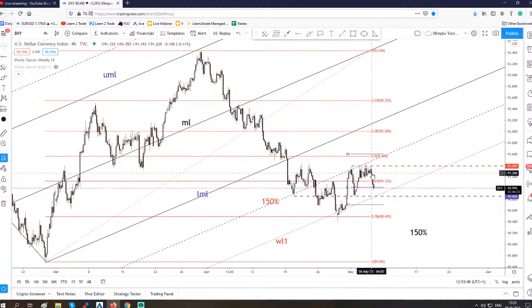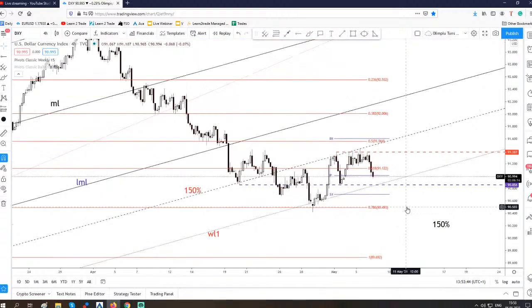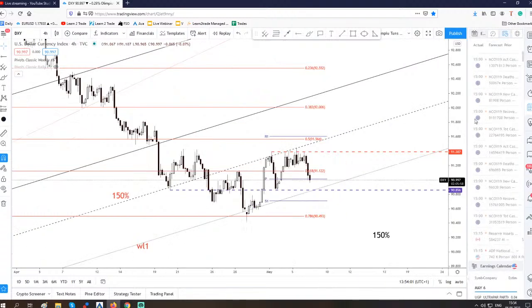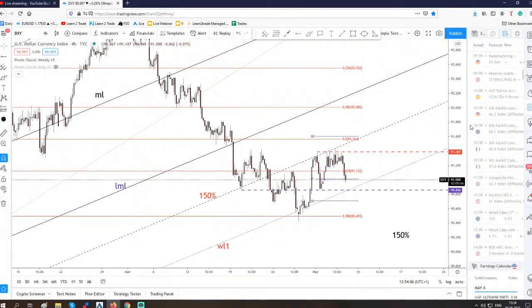Okay, so drop here registered by the DXY, even if the US unemployment claims data reported better than expected data. So we have a drop. Let's take a look here again on this calendar.